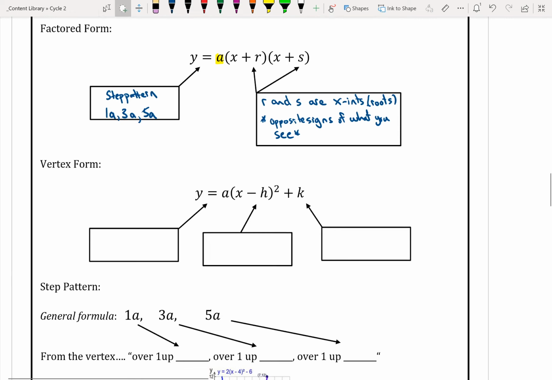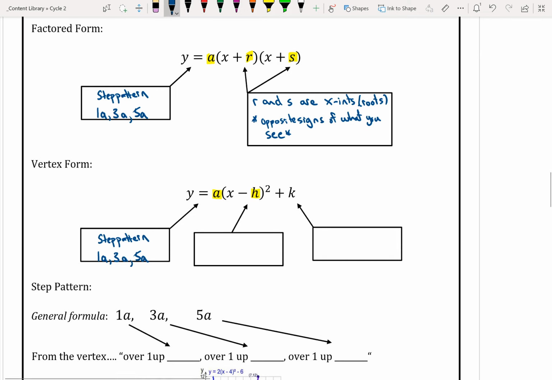Vertex form gives us, again, three things in this case. For A, I'm just going to copy the exact same thing. It's still the step pattern. So A is the step pattern. H represents the x value of the vertex.